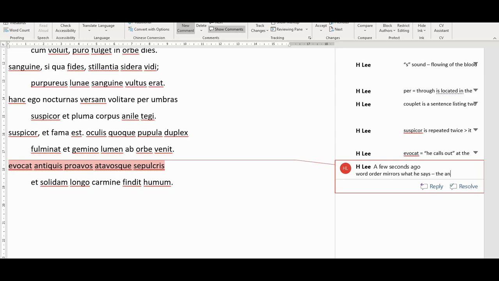So the ancestors are within the tombs, or within the ancient tombs. In terms of word order, Dipsas is outside of the tombs, calling them out.